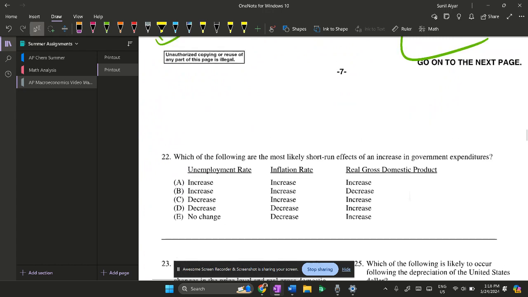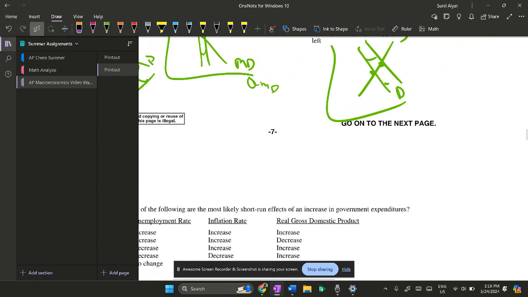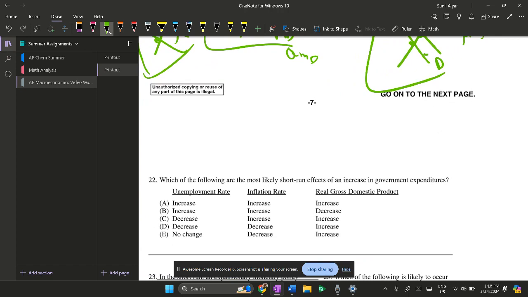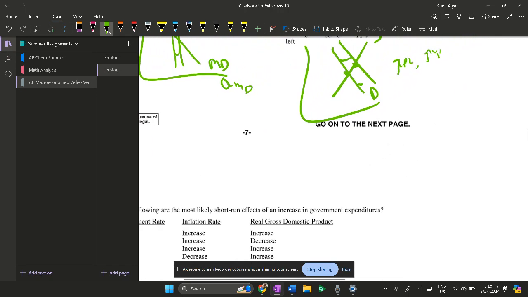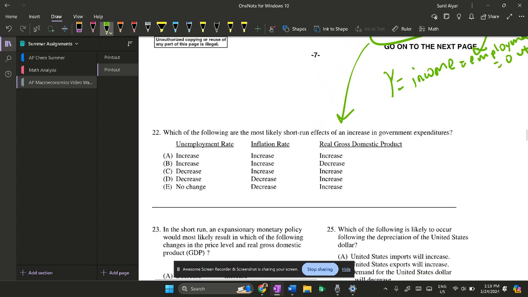Which of the following is the most likely effect of an increase in government expenditure? We just drew this graph out, and we see an increase in PL, an increase in Y. And remember, Y equals income equals employment equals output. So if we're going here, we know that output increased, so real GDP increased.